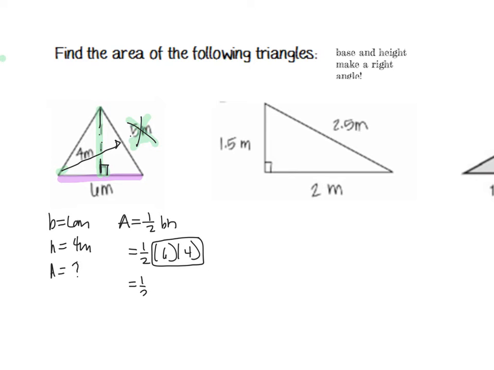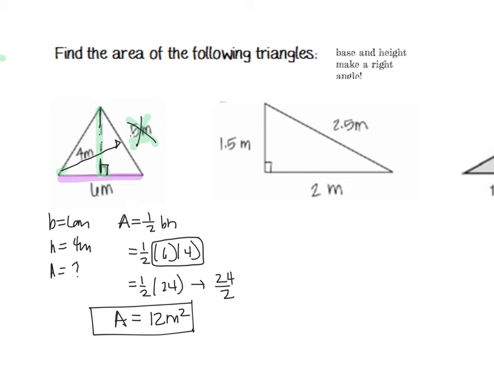So I have 6 times 4 is 24. And then I need to multiply by 1/2. And you need to remember, this is the same thing as 24 divided by 2. Those are equivalent statements. So half of 24, or 24 divided by 2, would be 12 meters squared, which is the area of my triangle.